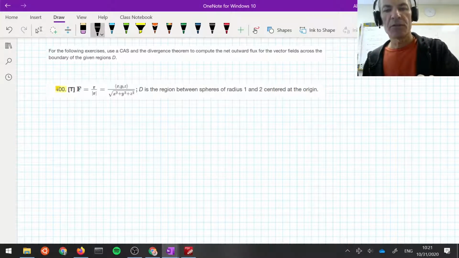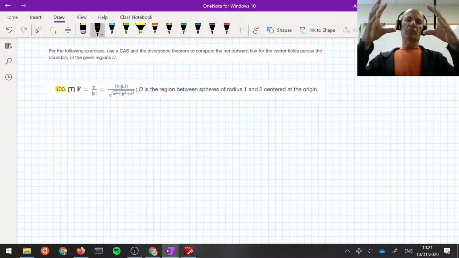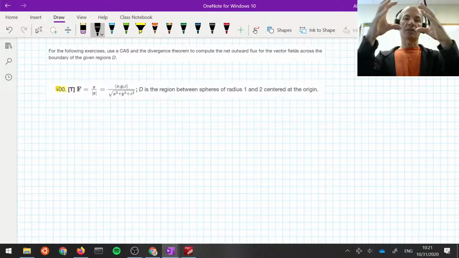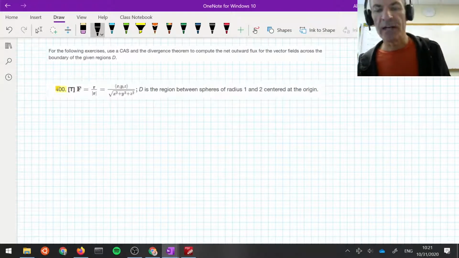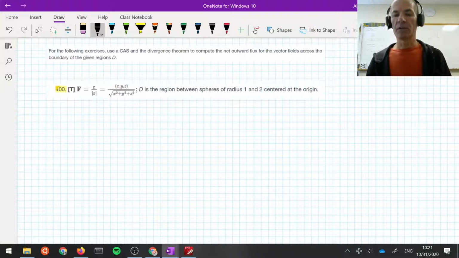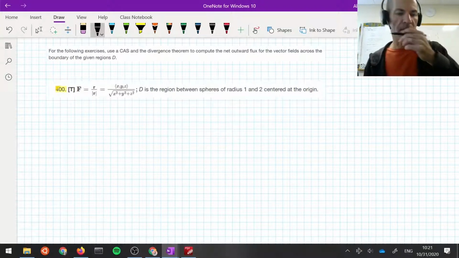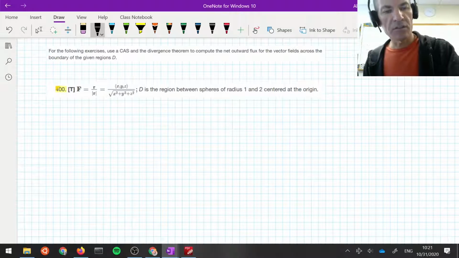Between two spheres, a sphere of radius 2 and a sphere of radius 1 nested inside, we're interested in the flux across that annular shell from radius 1 to radius 2. Probably going to be using spherical coordinates when all is said and done here, but the challenging part for us is what's the divergence of f?